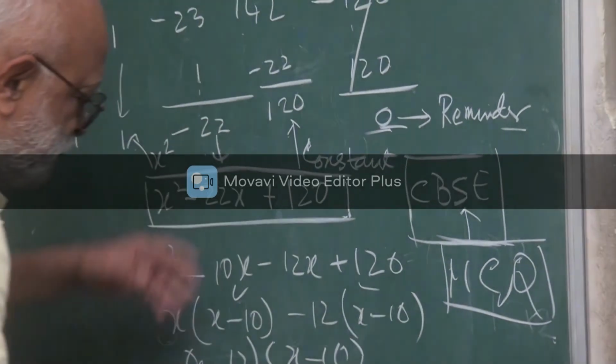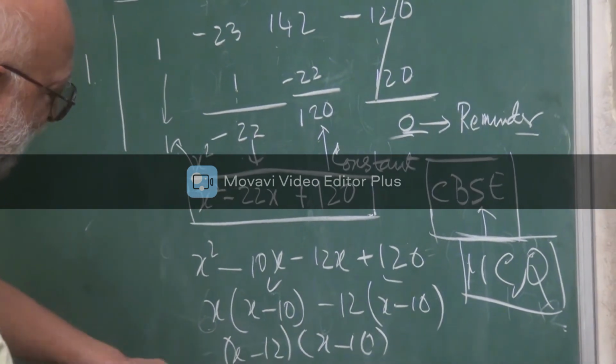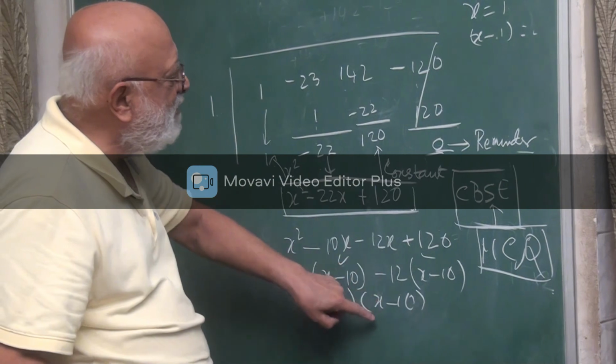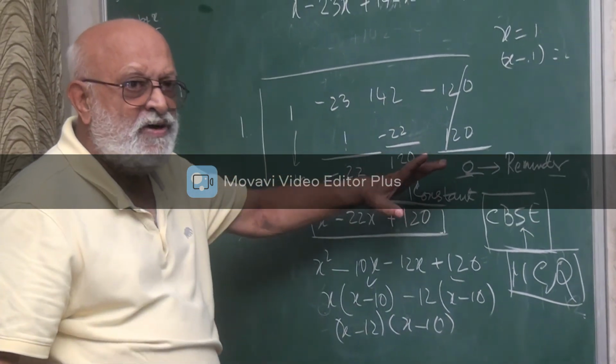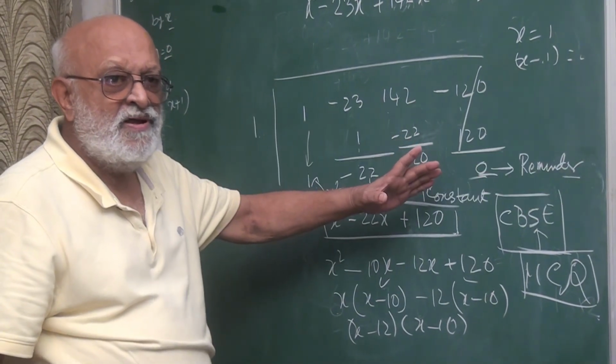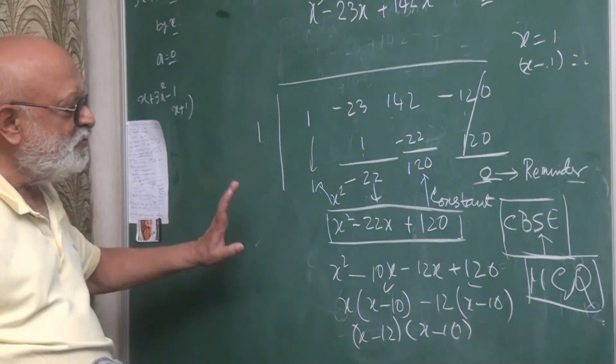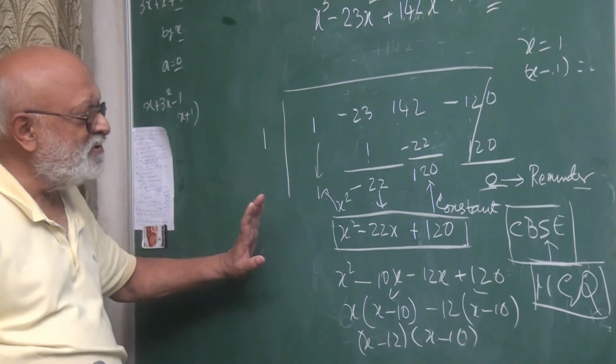If you can do this, they will just say, are these the factors of this? Find out what is its remainder. If you can do it fast, you are gaining on time. Okay, this is a method which is used, and you must remember this.